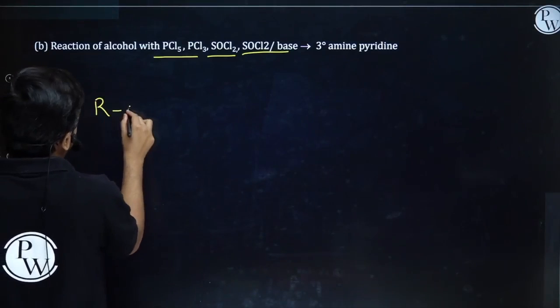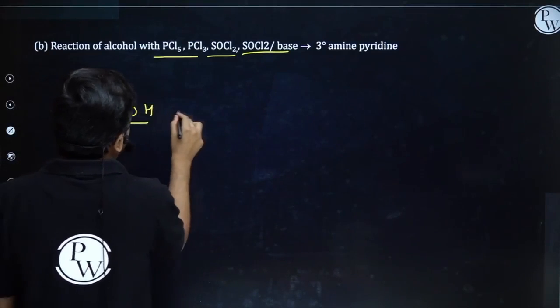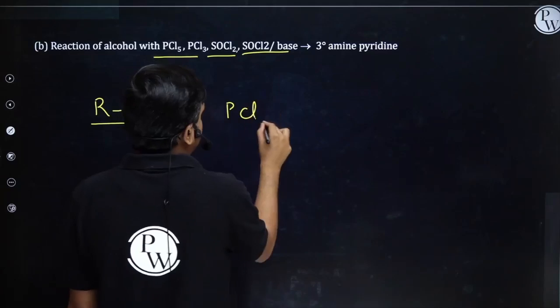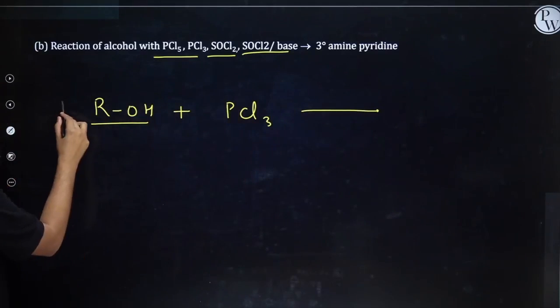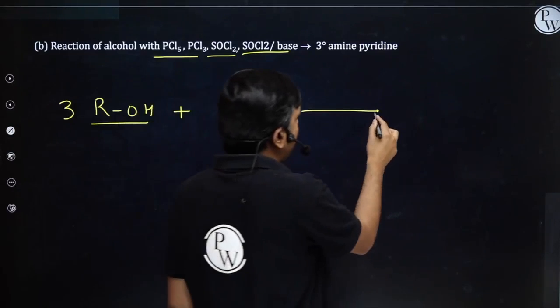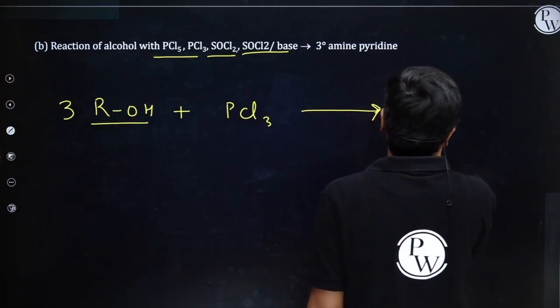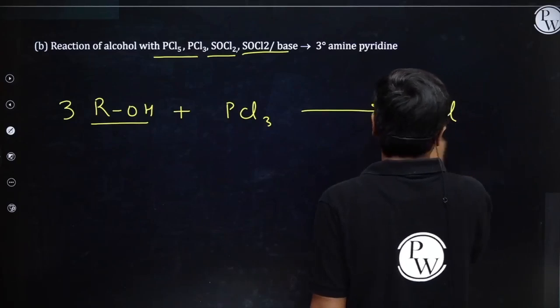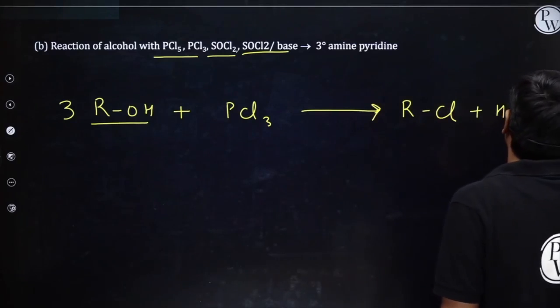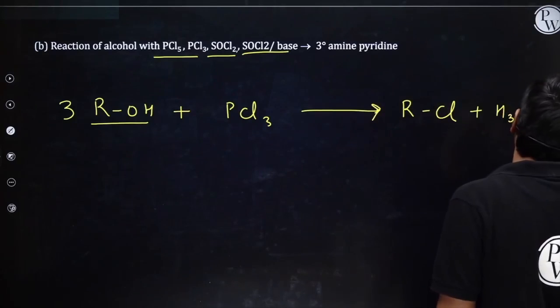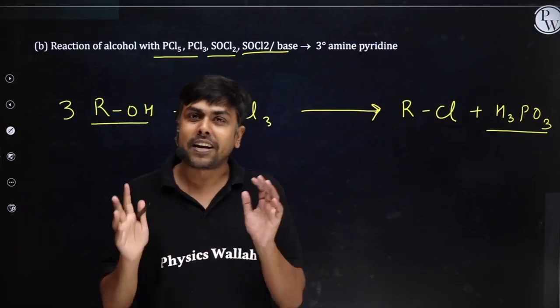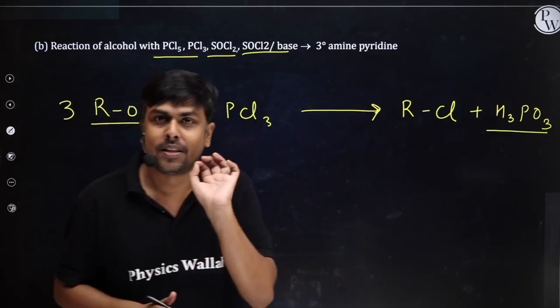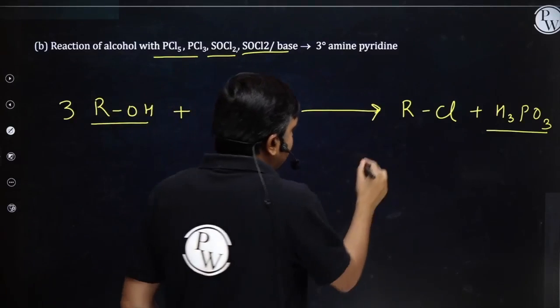If alcohol ROH is treated with PCl3, here student, 1 mole of PCl3 is treated with 3 moles of alcohol, and the product which we get is RCl, 3 moles of alkyl chloride, plus the byproduct which we get is H3PO3. Alcohol treated with PCl3, the product obtained is RCl.